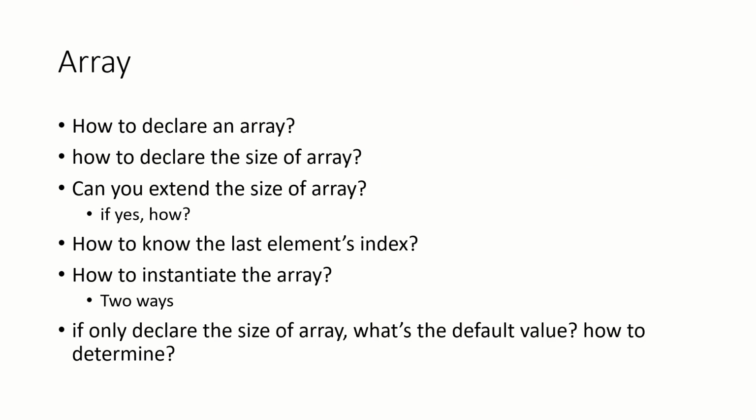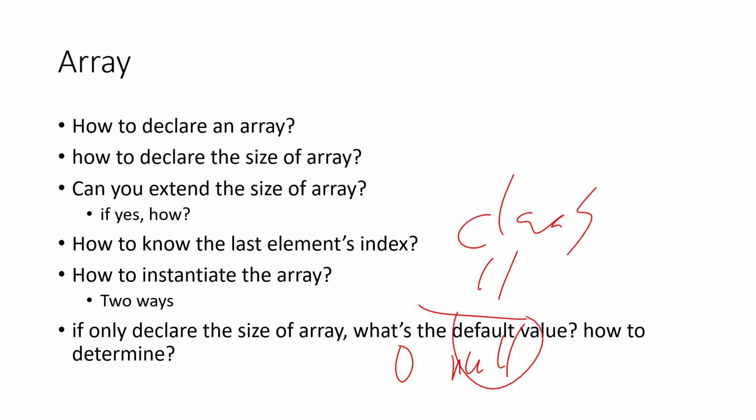Good. Once you declare the size, what's the default value? For string, it's a class, so as long as it's a class, the default is null. How about Boolean? What's the default value?